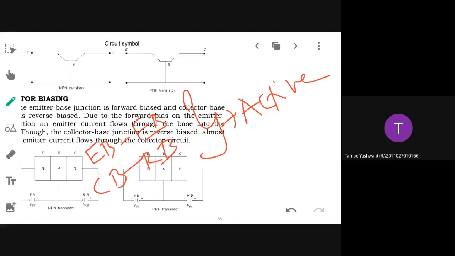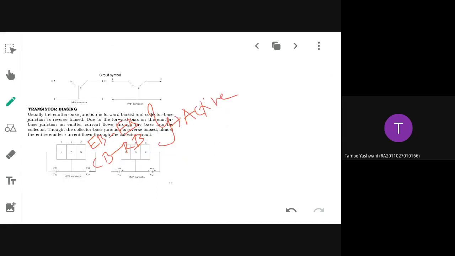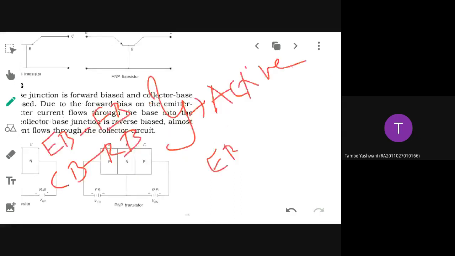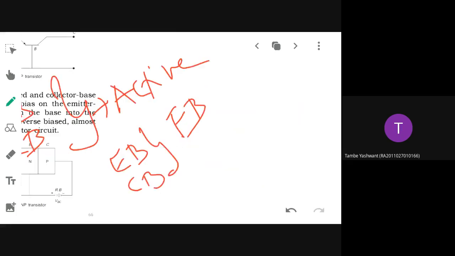Okay, now on the other hand, suppose the emitter base and collector base are both forward biased, then the transistor will be operated in what region? Saturation region.